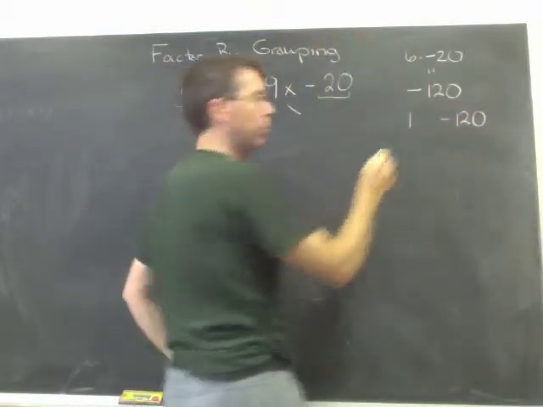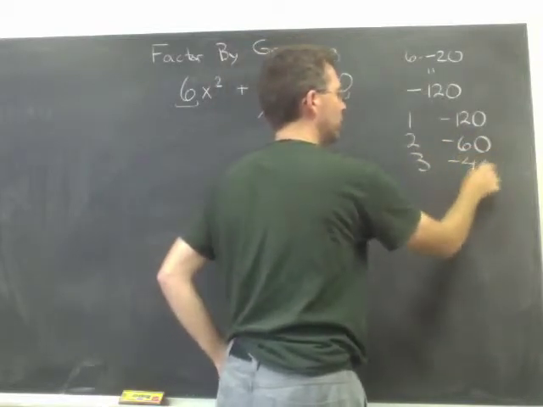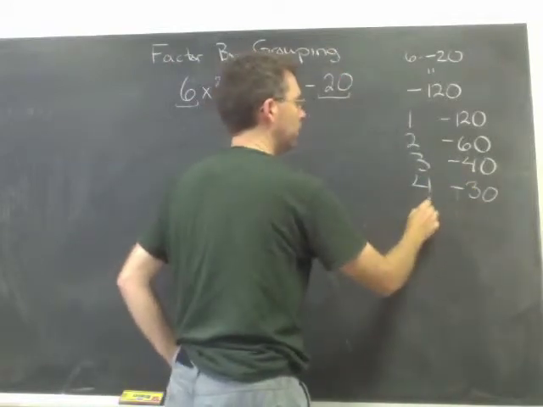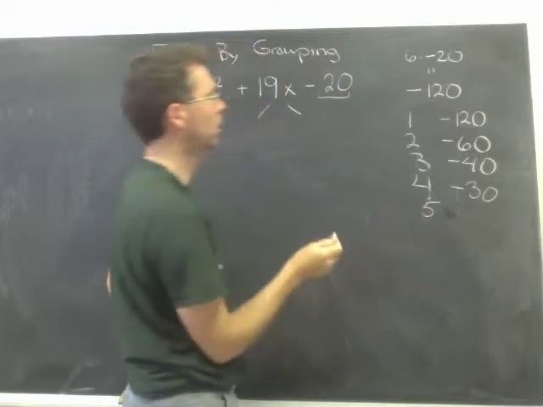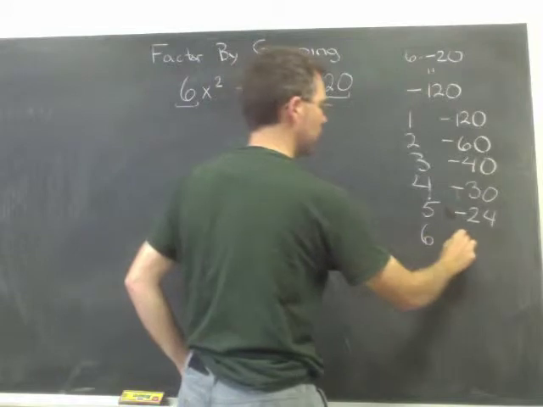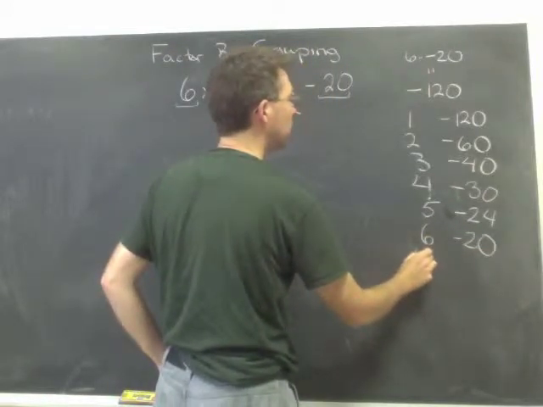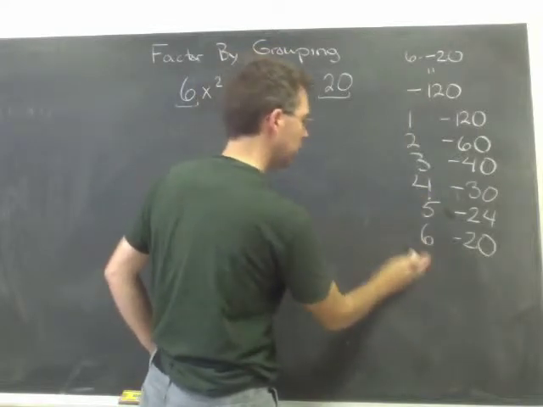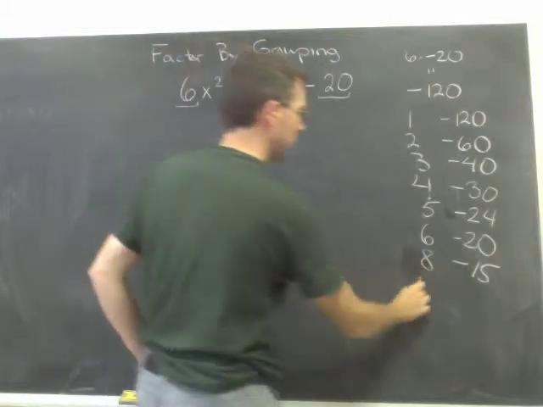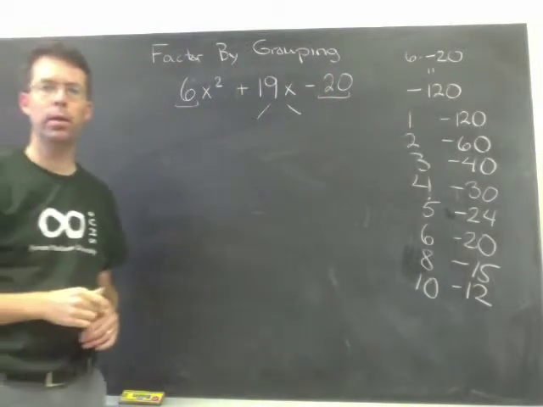So I get 1 times negative 120, 2 times negative 60, 3 times negative 40, 4 times negative 30, 5 times negative 24, 6 times negative 20, 8 times negative 15, 10 times negative 12, and then I start going back in the other order.